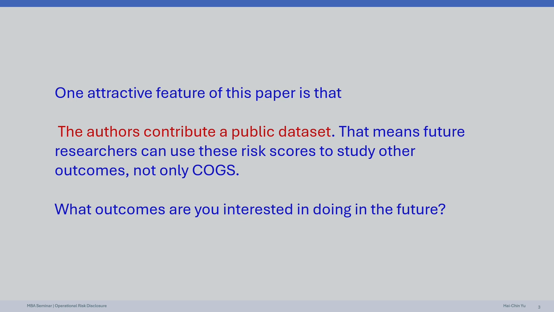Profit margin is also a very original outcome. So we can do a lot from here. Think about what outcomes you are interested in doing in the future, because the data is free.